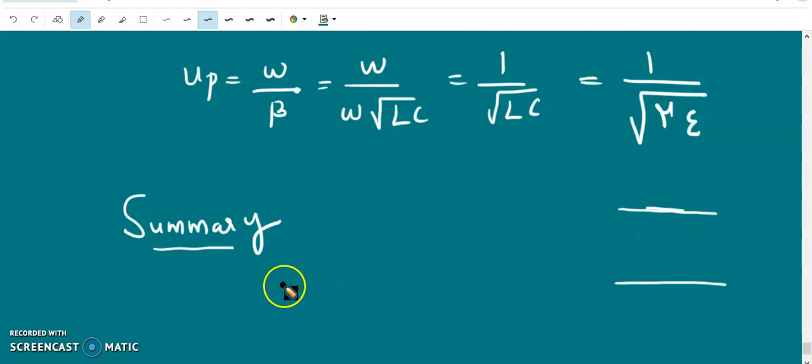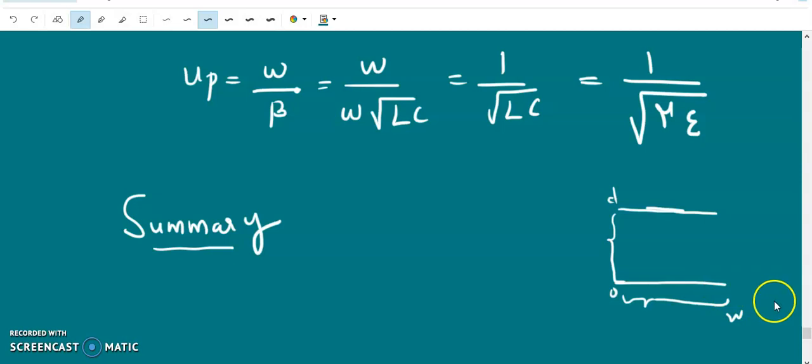Then we have written Maxwell's curl equations for the time harmonic case, and since the electric field has only one component and the magnetic field also has one component, we have simplified del cross E and del cross H. And then we have integrated the expression for the electric field from 0 to d with respect to the variable y, and we have integrated the expression for the curl of H from 0 to w with respect to the variable x.